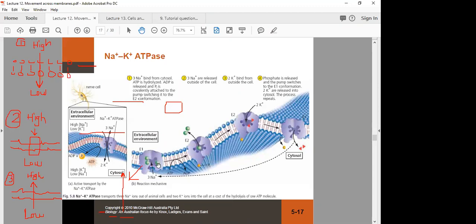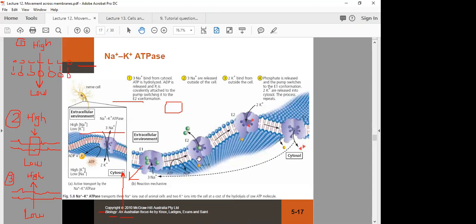Once they bind, then ATP is hydrolyzed to ADP. The phosphate that's released from the ATP covalently binds here to the ATPase.